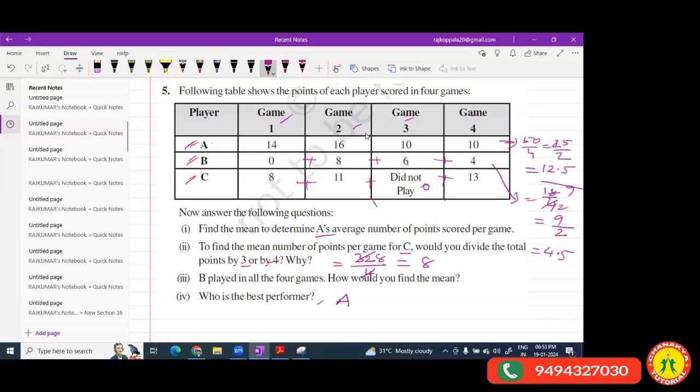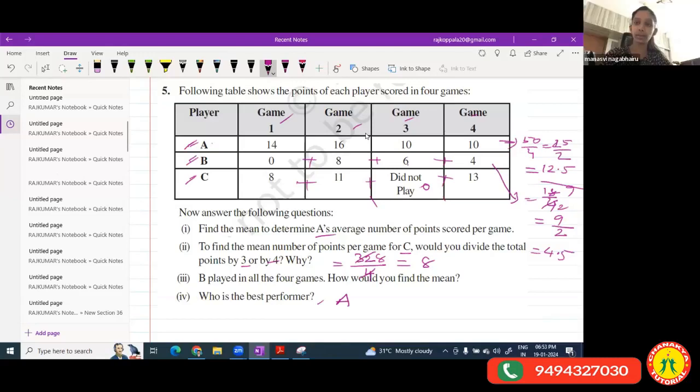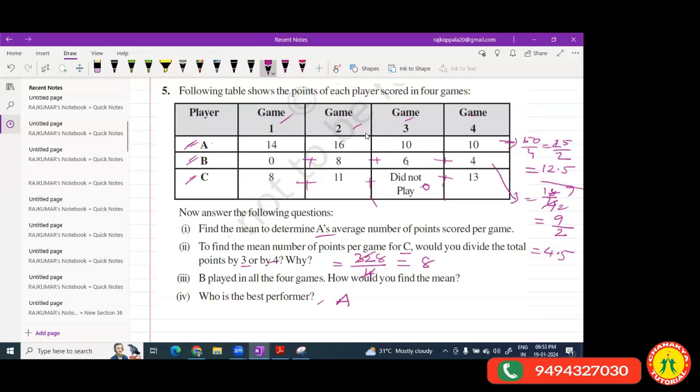Tomorrow by 5 o'clock the test will be open. There will be 10 questions. Each question carries 4 marks, and if any question is wrong, you will lose 1 mark. Total is 40 marks. Tomorrow 5 o'clock to Sunday 5 o'clock it will be open at any time. You can open, write the test and submit.